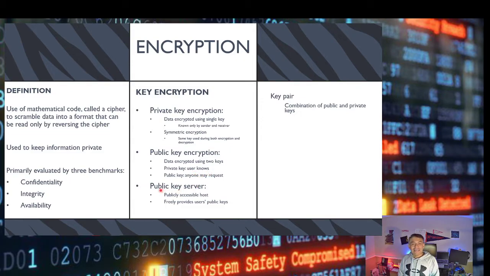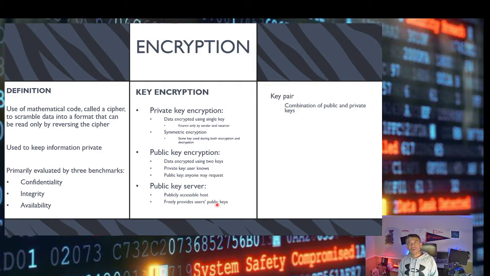The final element of the key encryption concept is the public key server, in which we are talking about the server that has the publicly accessible host and freely provides users public keys.